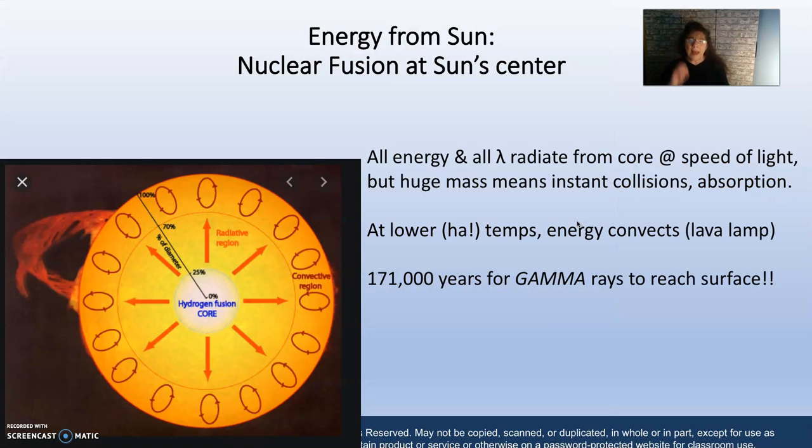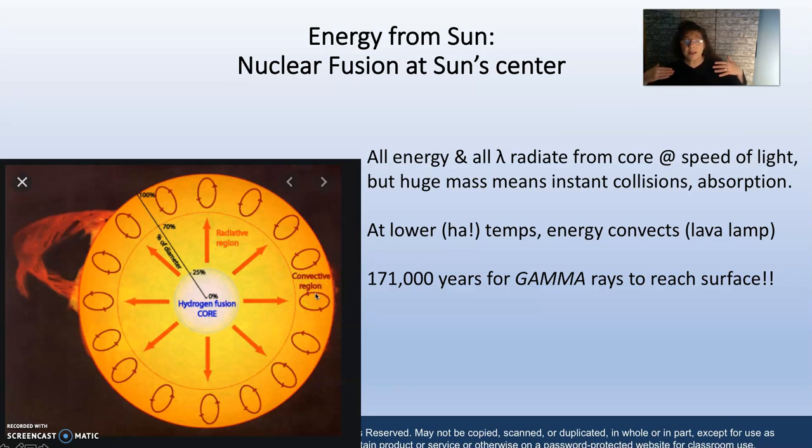That fusion at the core of the sun makes basically all the energy and all the wavelengths that hit the Earth. They radiate from the core of the sun through the radiative region of the sun and out to the convective region of the sun.